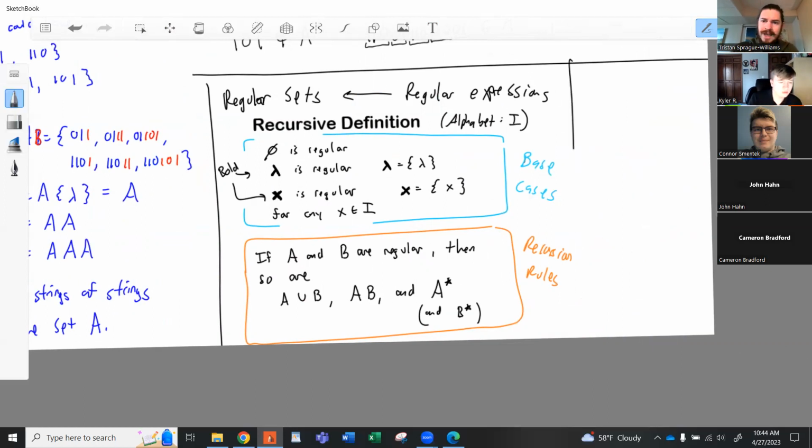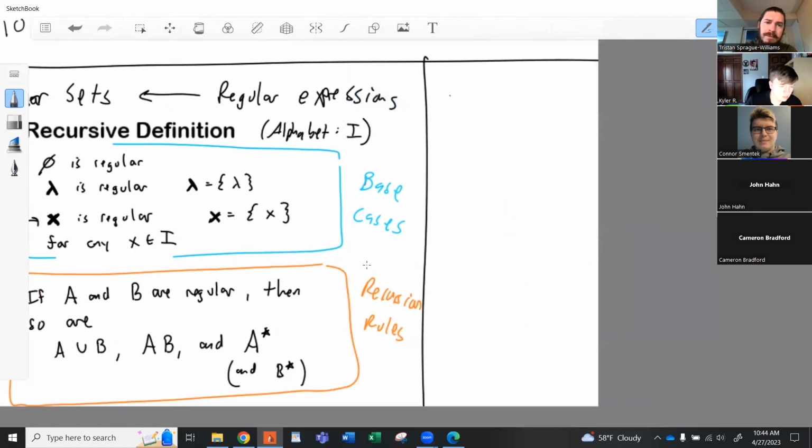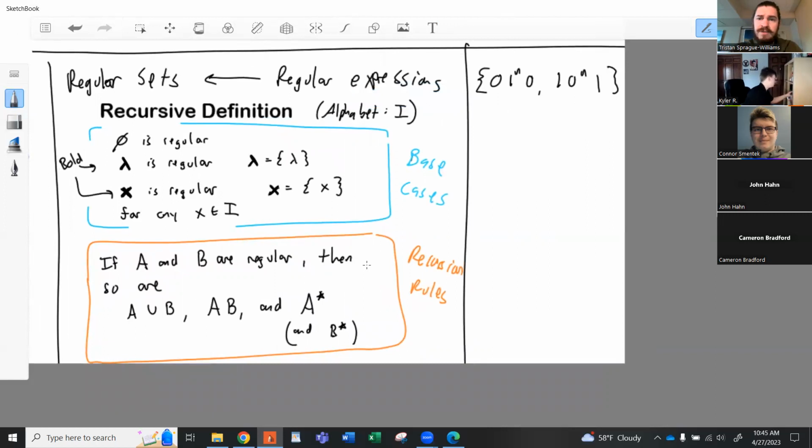So we can look back and say, hey, remember that set which we described as 0 1^n 0, or 1 0^n 1? Remember that set where n was any natural number? We can describe that set with regular expressions by saying it's bold 0 concatenated with bold 1 star, concatenated with bold 0. So here we have bold 0s and 1s, which represent singleton sets, okay?